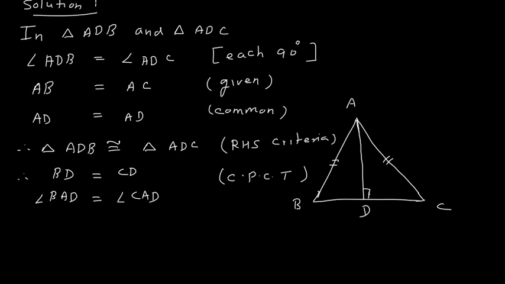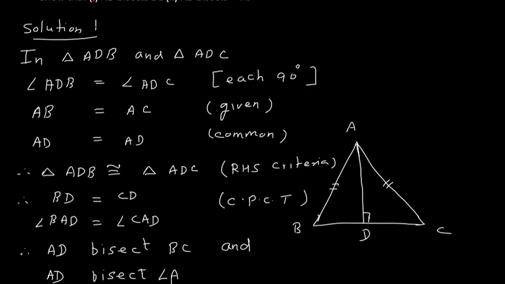So therefore I will say that AD bisects BC because BD is equal to CD, and AD bisects angle A. Done. Easy question.